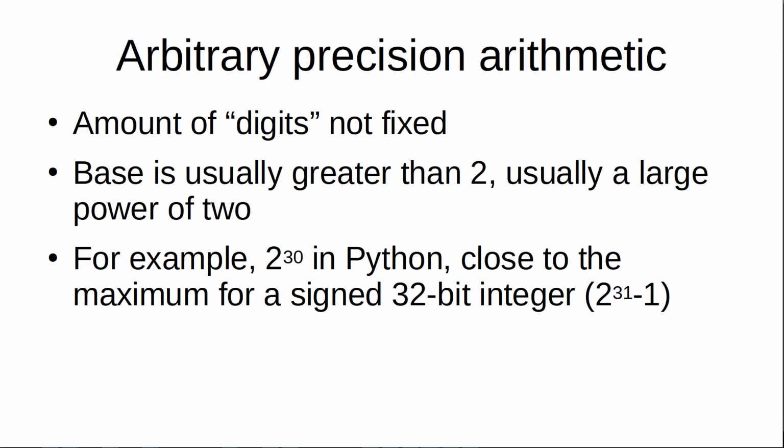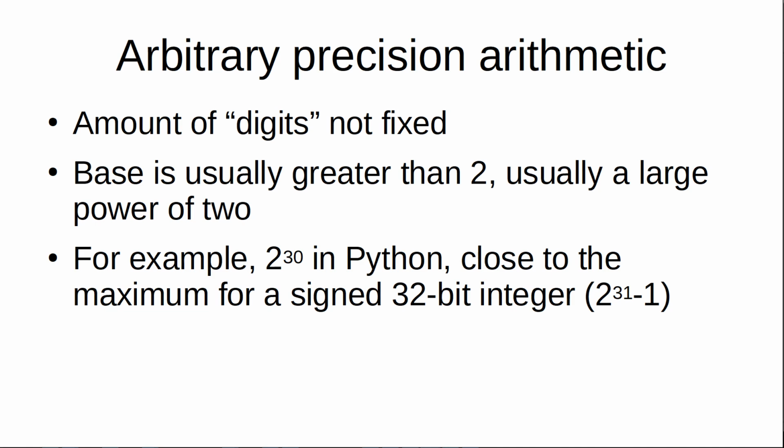In arbitrary precision arithmetic, not only is the amount of digits not fixed, but usually the base of the digits is set to a number larger than 2. Theoretically this could be any number, like in our decimal system, the base is 10.